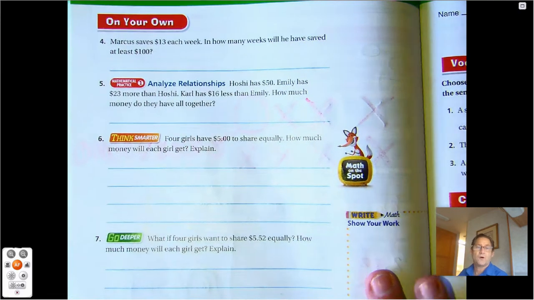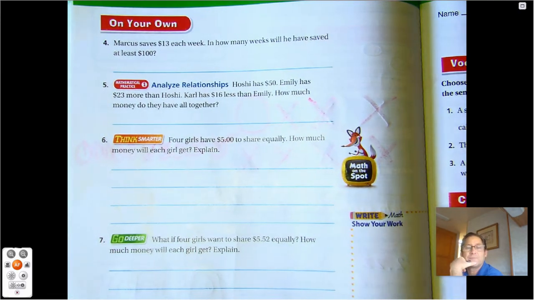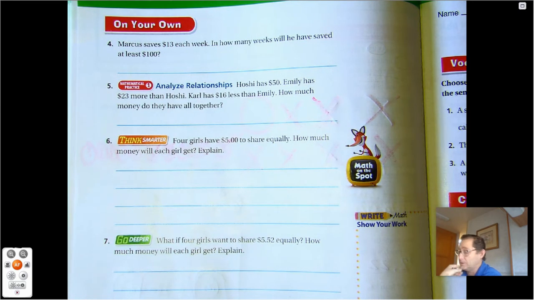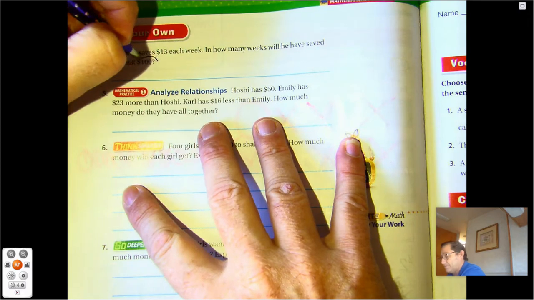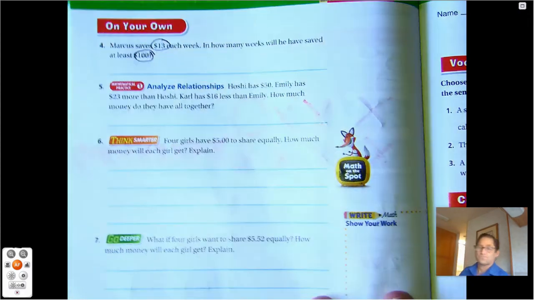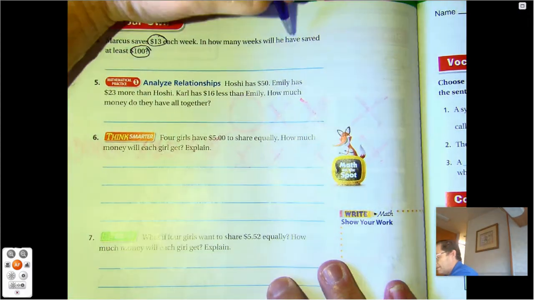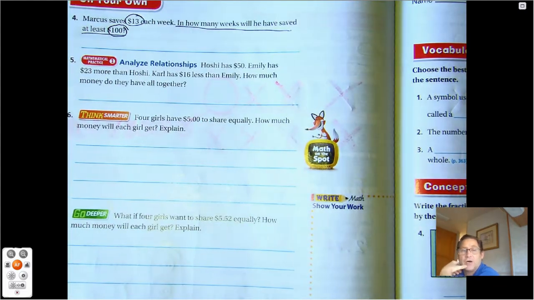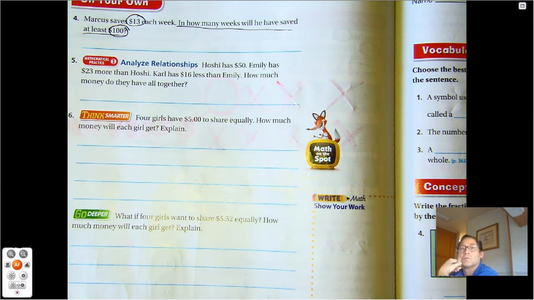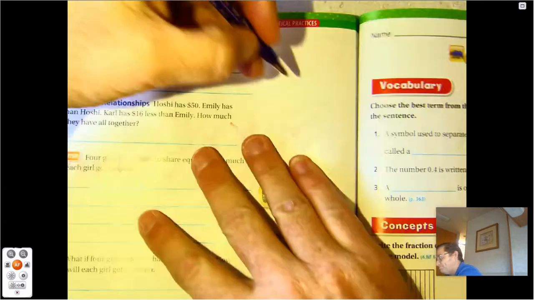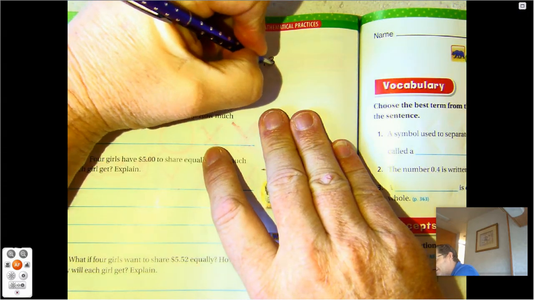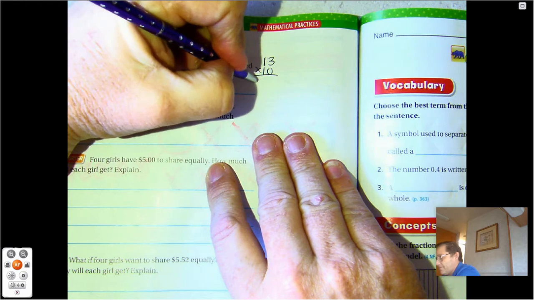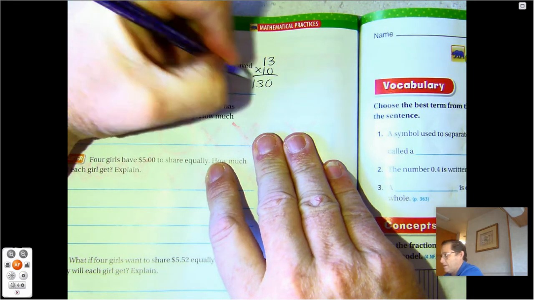All right, number 4. Marcus saves $13 each week. In how many weeks will he have saved at least $100? All right, so if we want an amount that's greater than $100, well, 13 times 10 will give me 130.